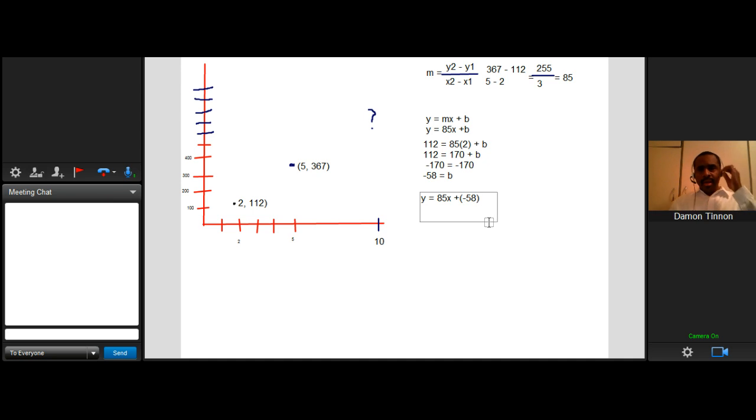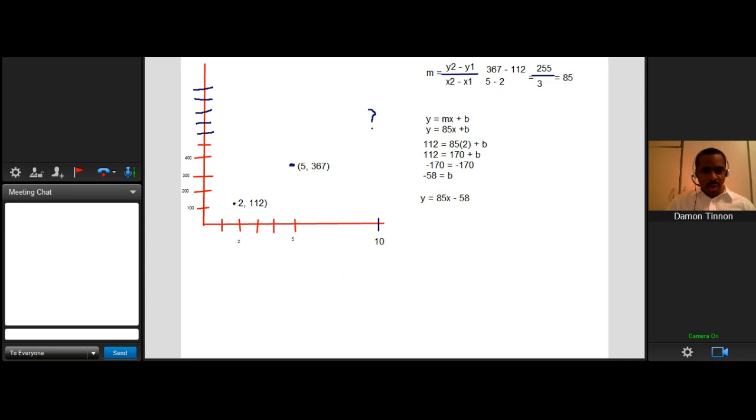Or actually, we can simply write that as minus 58. So the equation of this line here is y equals 85x minus 58, and that's the equation of the line going this way. So now what do we do?